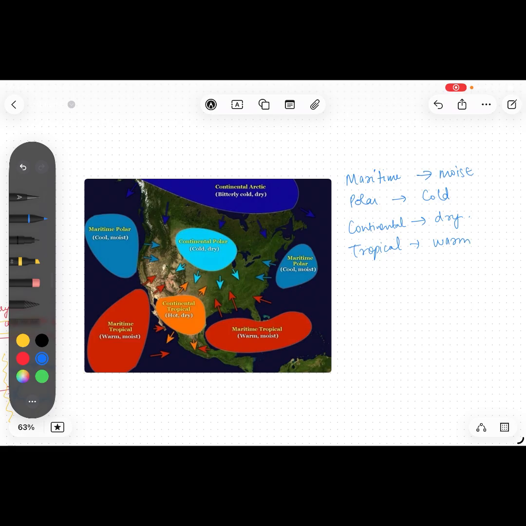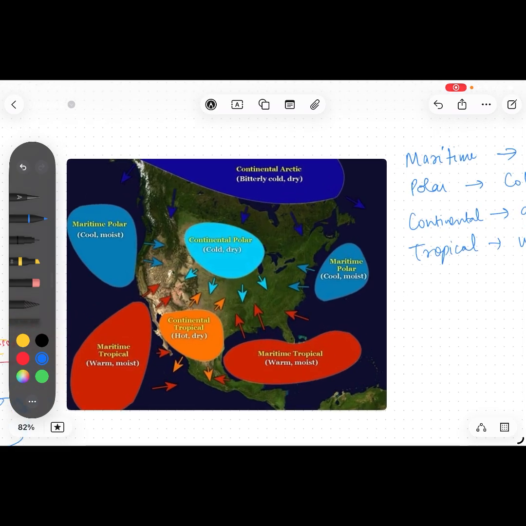Now we could mix and match these. If you see in this picture, there are a lot of air masses that they're talking about. Let me take a yellow color. So this is a maritime polar. Maritime is moist, polar is cold, so it will be cool and moist. Then continental polar: of course, polar is cold, and continental is dry.